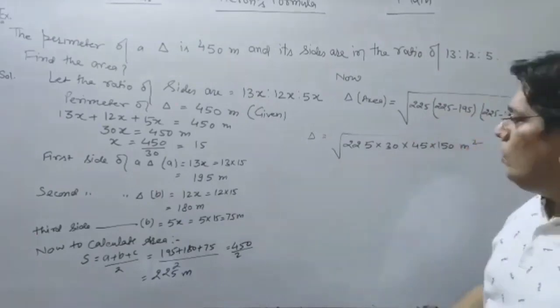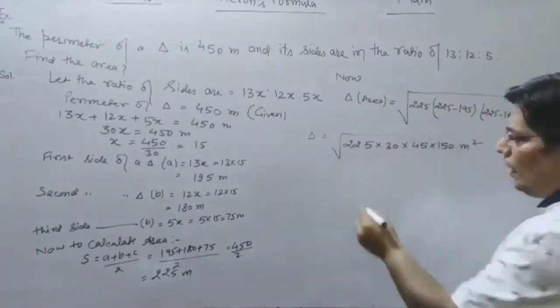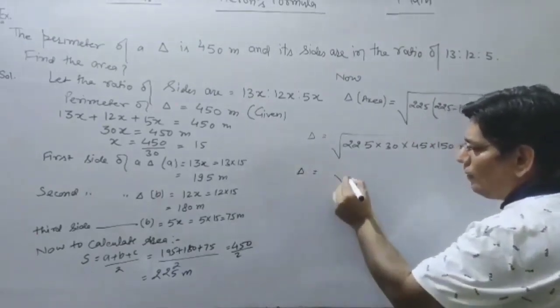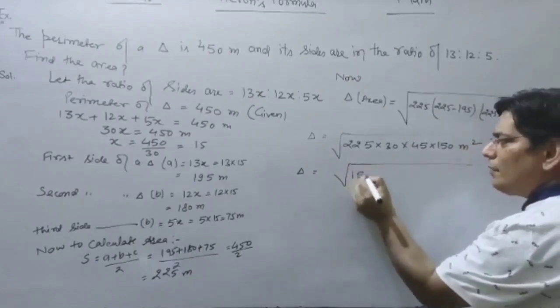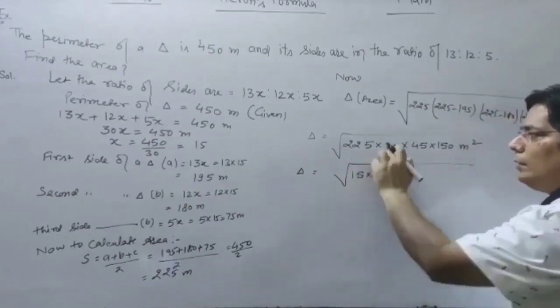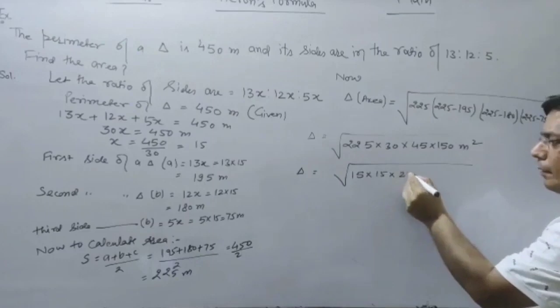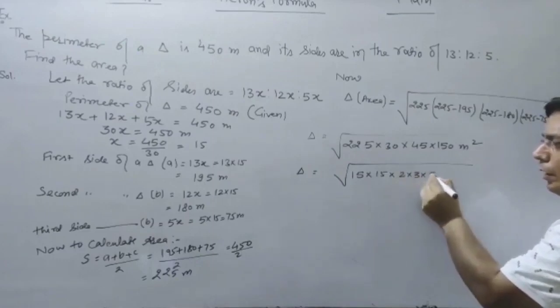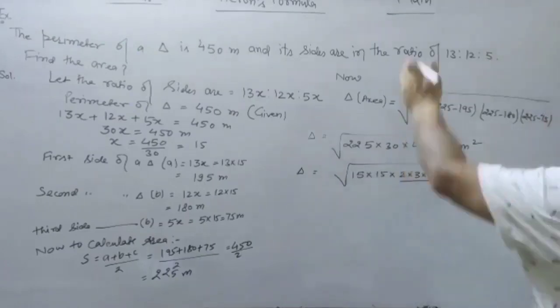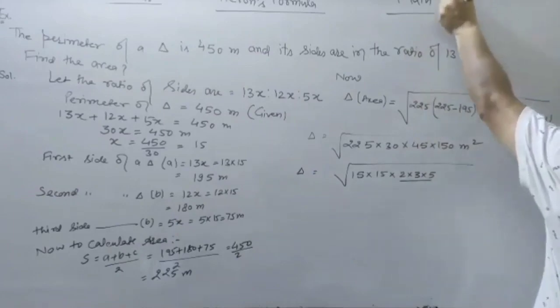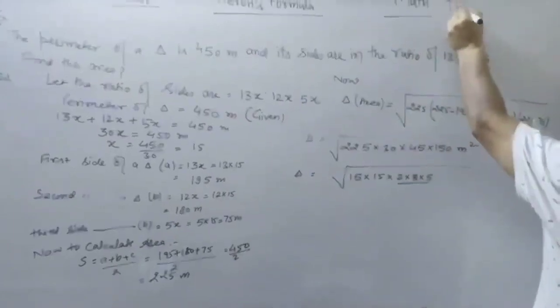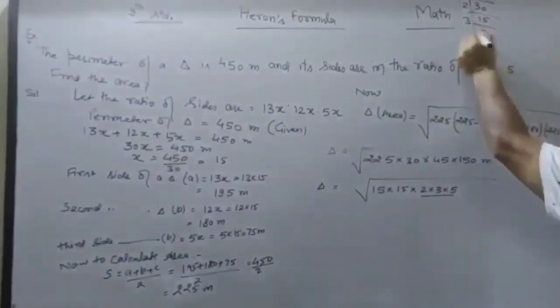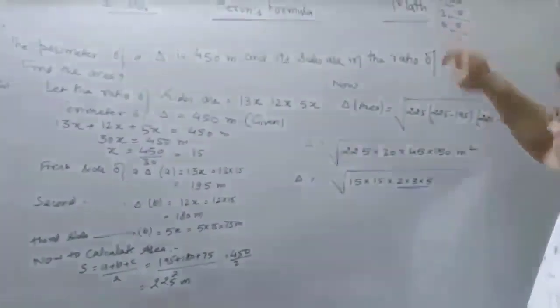Now what we do, we should calculate the factors. We know that 225 we can write as 15 into 15. Factors of 30: 2 into 3 into 5. If you can't get the factors of 30, you have to divide by the smallest number, and you will get 2 into 3 into 5.